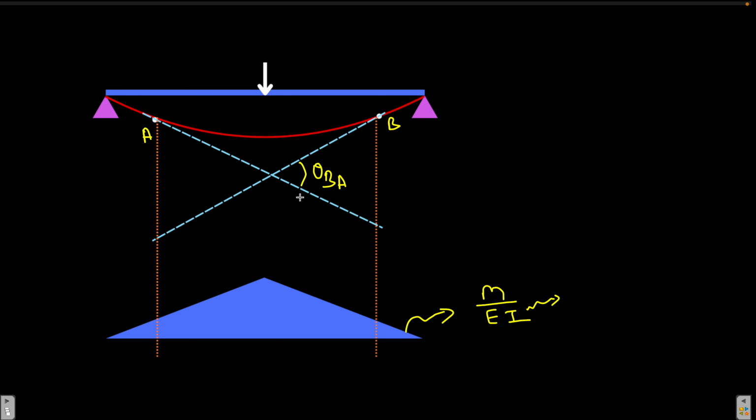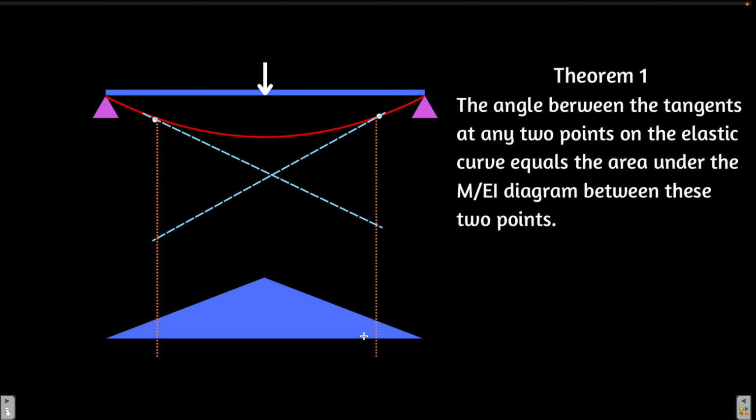Now the theorem says that theta B with respect to the tangent at A is the area under the M by EI diagram between these 2 points. So if you can find this area, which is the area of the M by EI diagram, you can find what is theta B with respect to the tangent at A. So we just understood what is theorem 1 of the moment area method.